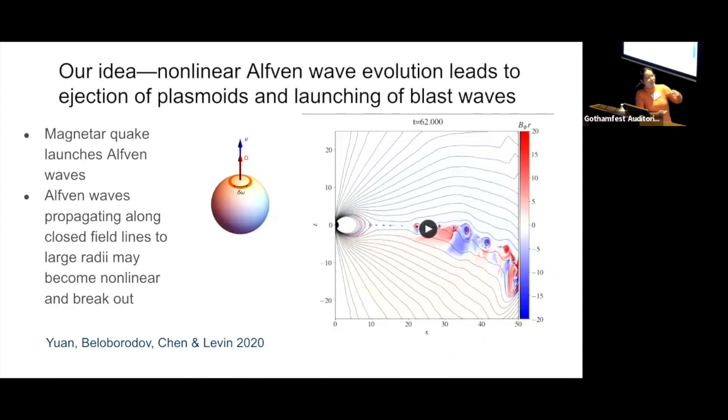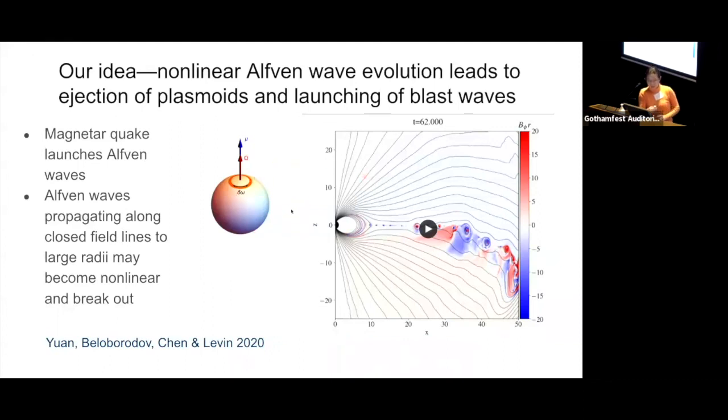The crust will shake under the starquake, and that will shake the magnetic field lines anchored on this region. If we shake this region, there will be plasma waves launched along these magnetic field lines. These are basically Alfvén waves. They are just like elastic waves when you pluck a string. So these waves will go out along the magnetic field lines to large distances.